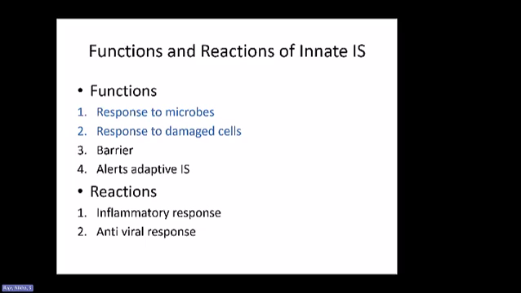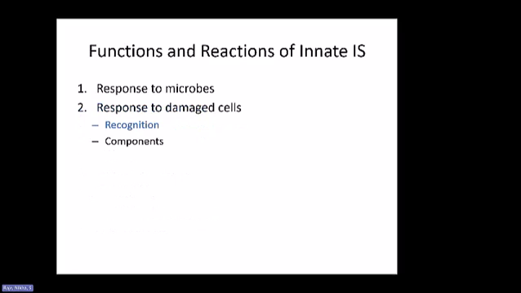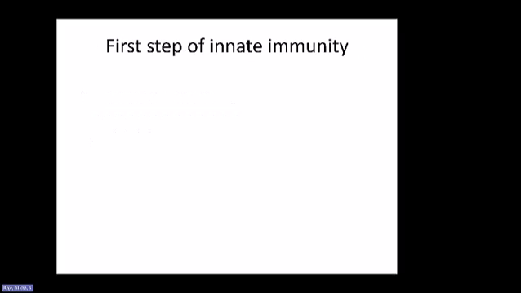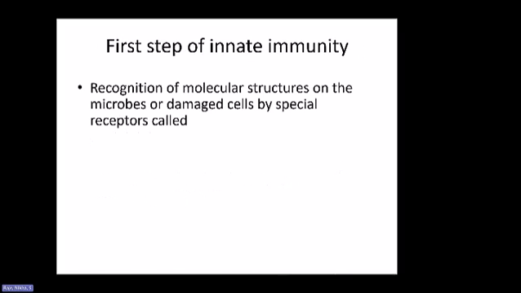So how does it respond to microbes and damaged cells? The important part is the recognition of these structures, which is the first step, right? So the recognition of the molecular structures of microbes or damaged cells by specialized receptors.